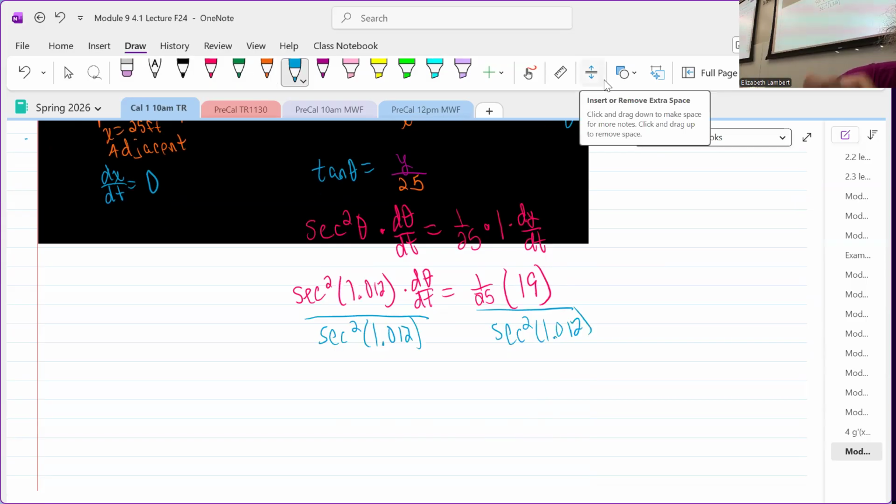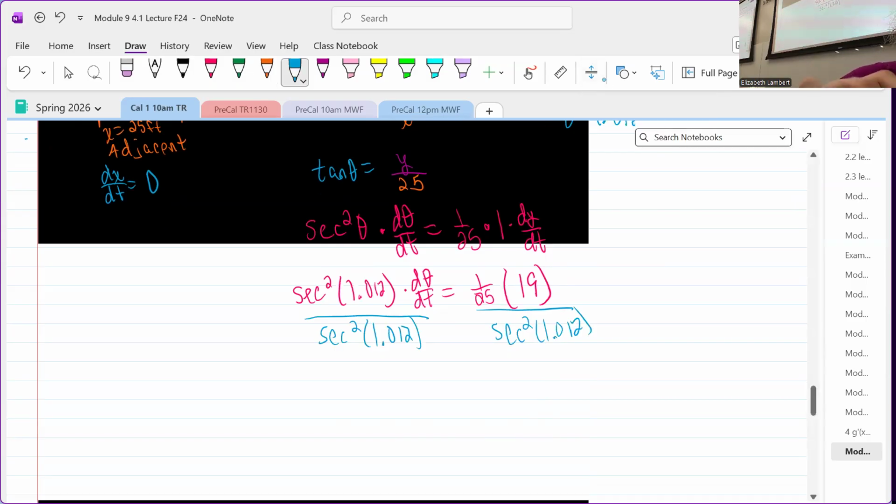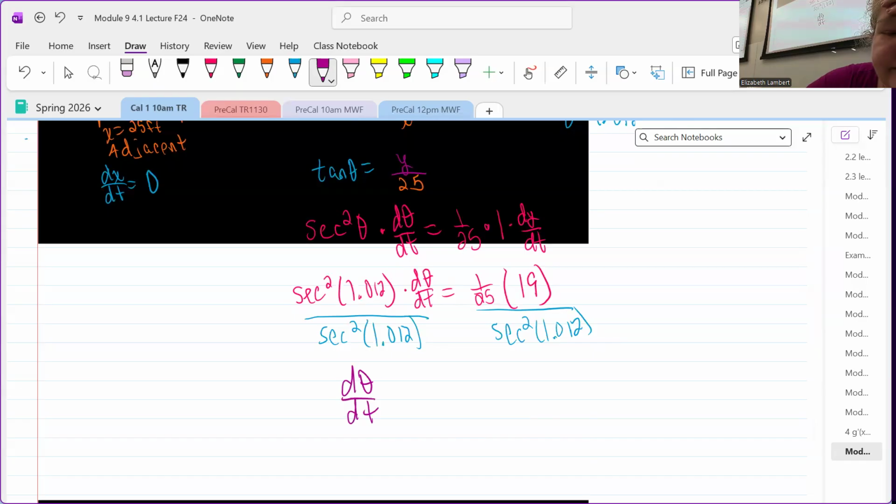Now, secant isn't a button on the calculator. So we're actually going to have to manipulate this a little bit to actually get something to write for d theta dt. So secant is 1 over cosine.